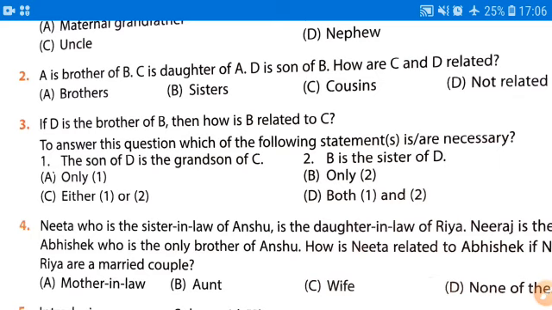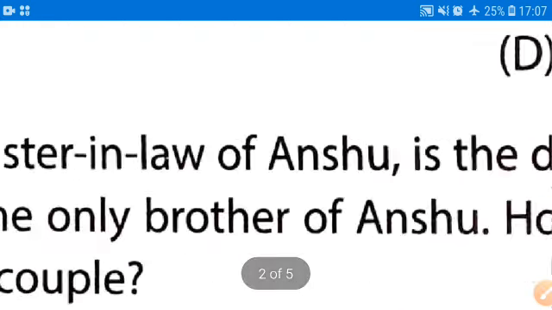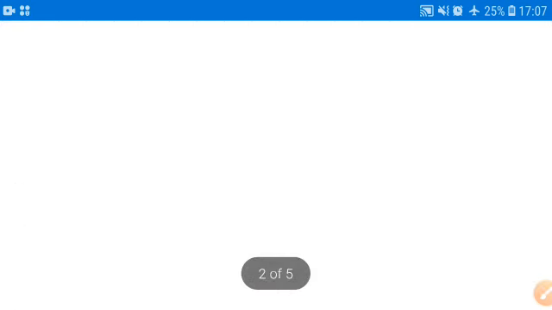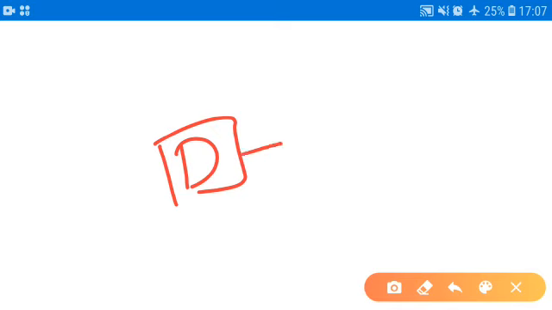The son of D is a grandson of C, B is a sister of D. Let us solve and check it out. First of all, what is given here? D is a brother of B. We don't know whether B is a boy or girl, we only know about D here.